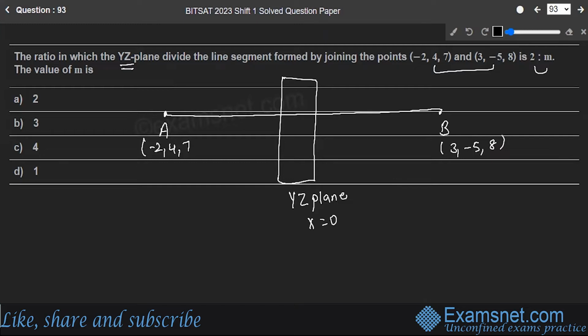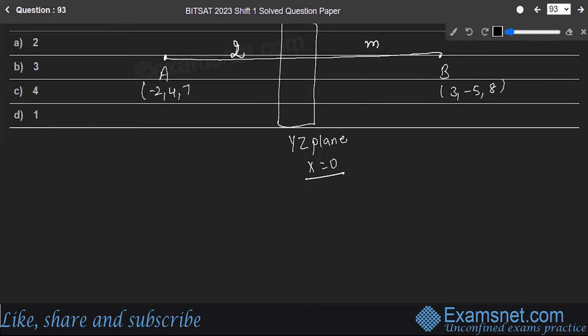It is given that this is being divided in the ratio 2:m. And now here it is a YZ plane, that means the X part is 0.